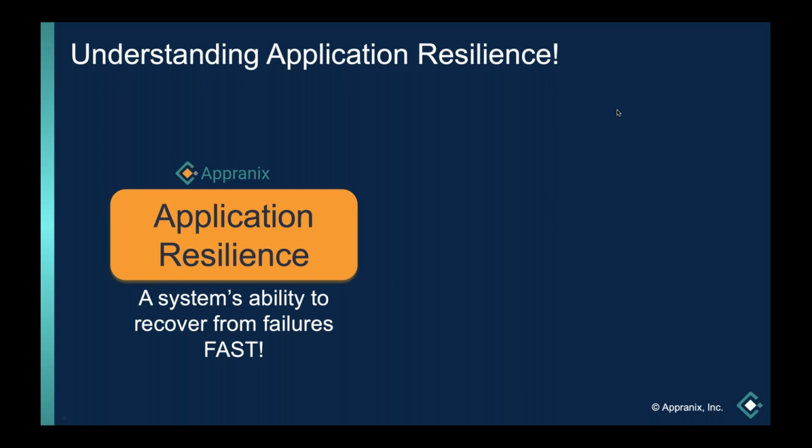It is not about recovering from failures in the next 48 hours. It is not about recovering from failures in the next 4 hours, or within 24 hours or 12 hours, that you might have seen in the early days when applications were run on virtualized systems or even physical systems.